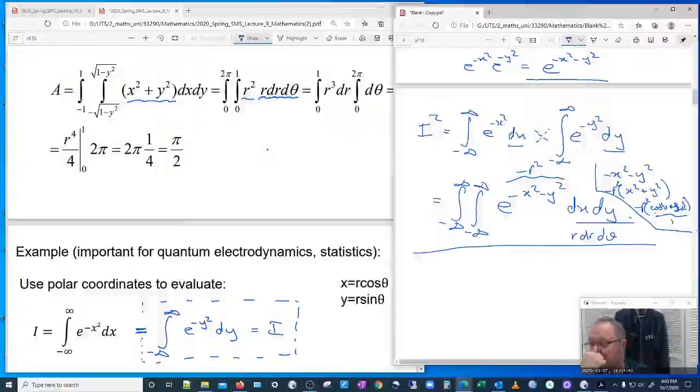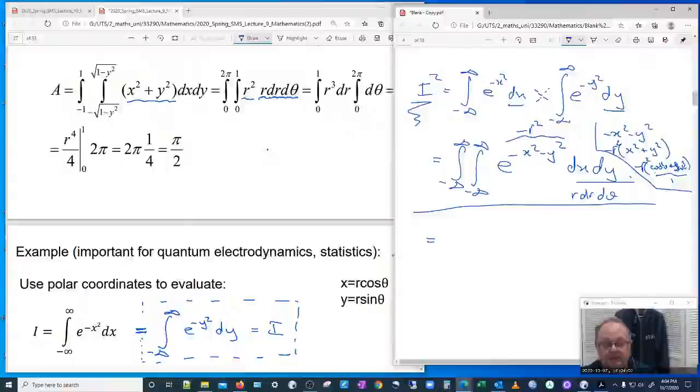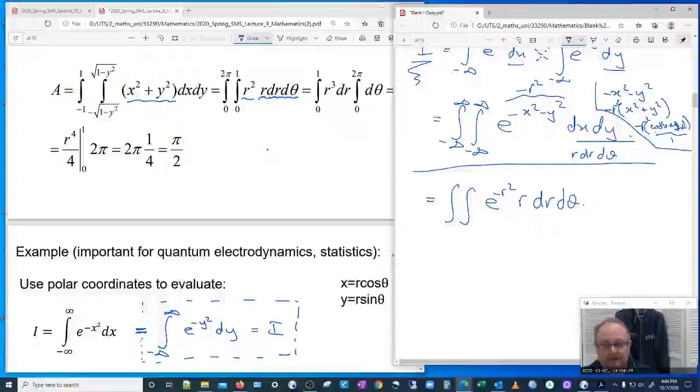Okay, so it's our transformation. So let's do our transformation, remembering that we're still doing I squared for the purpose of dealing with the improper integrals. Okay, so what we're going to have here are the new integrals, e to the minus r squared r dr d theta.